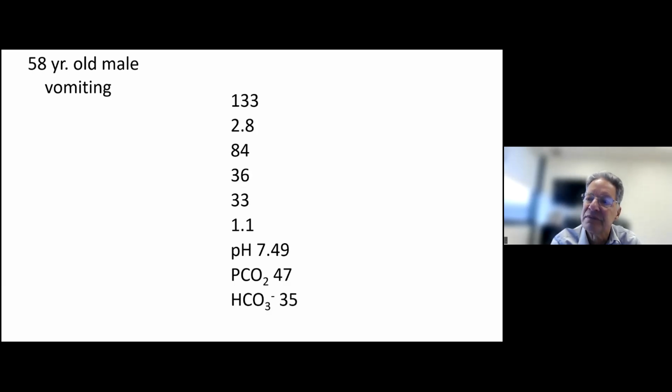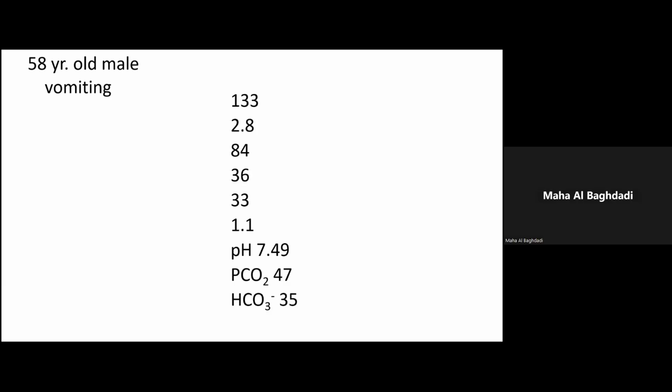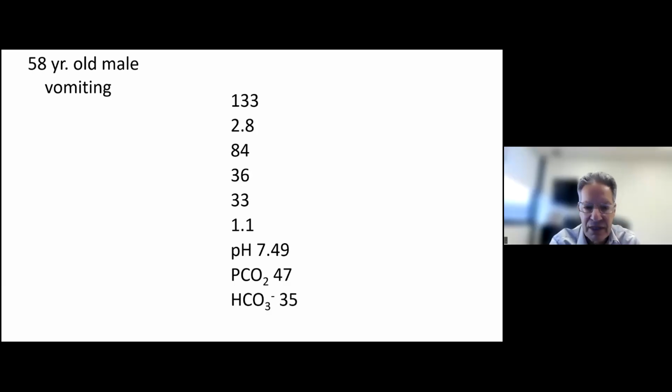Anyone? It is a simple disorder. This is a metabolic alkalosis. Yes, very good. So it's a simple disorder because it follows one of the six, and fine-tuning that, it follows one of the three that were in the up direction, and it's the rule for metabolic alkalosis, which is for every 10 increase in the bicarbonate, your ventilation decreases so that your PCO2 goes up by 7, or in other words, the PCO2 changes by 70% or 7/10 of what the bicarbonate changed by.